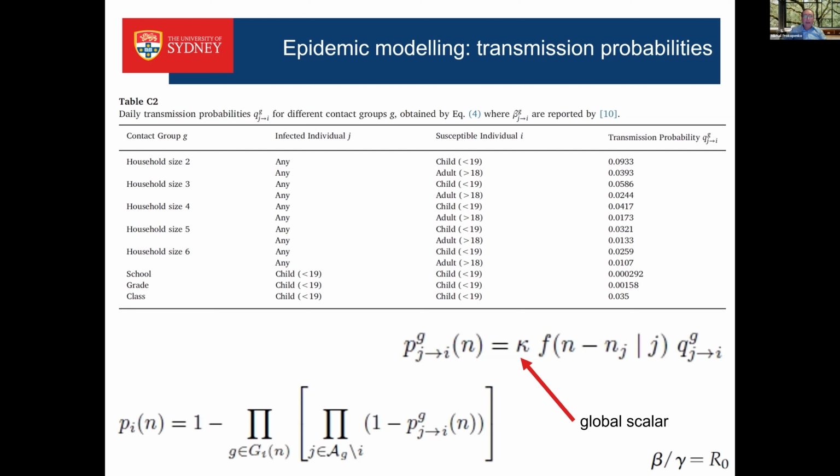So that's how you compute the probability of infection from infectious agent J to a susceptible agent I in the context G. Well, as I mentioned, there are multiple contexts, and you need to check not only for all agents J in a given context, because that is only for one pair, one potential interaction.